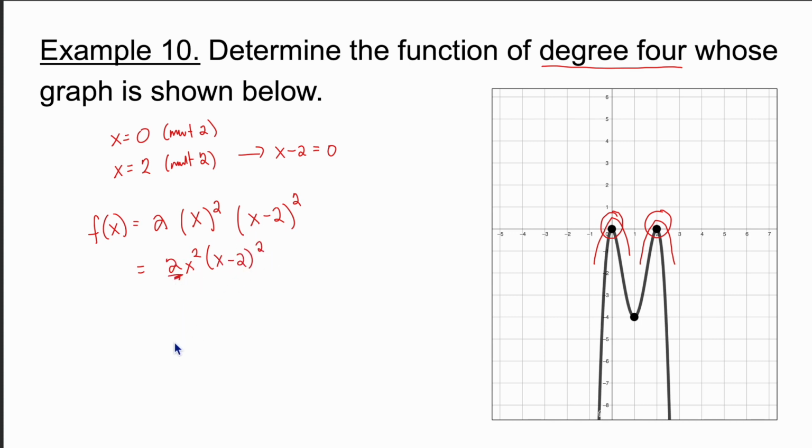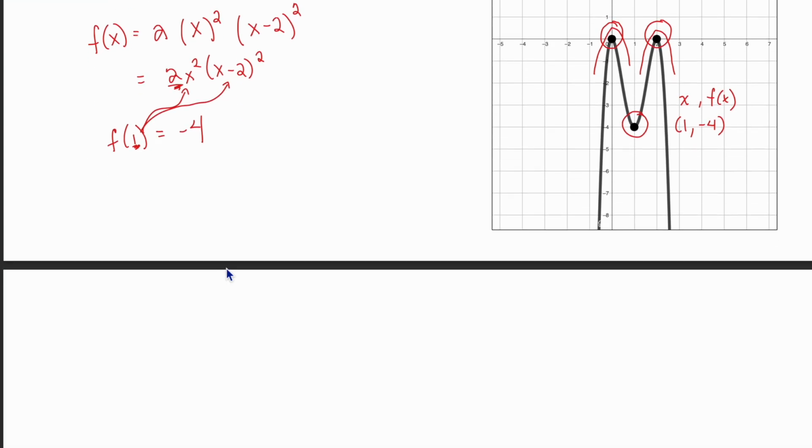Pero ano yung value ng a natin? Again, tignan natin, may point dito. This is the point (1, negative 4). This means this is your x and this is your f of x. So, at f of 1, the value is negative 4. So, kung ipapasok natin yung 1 dito sa mga x's natin, then we now have f of 1 now becomes a times 1 squared times 1 minus 2 squared, which is equal to negative 4.